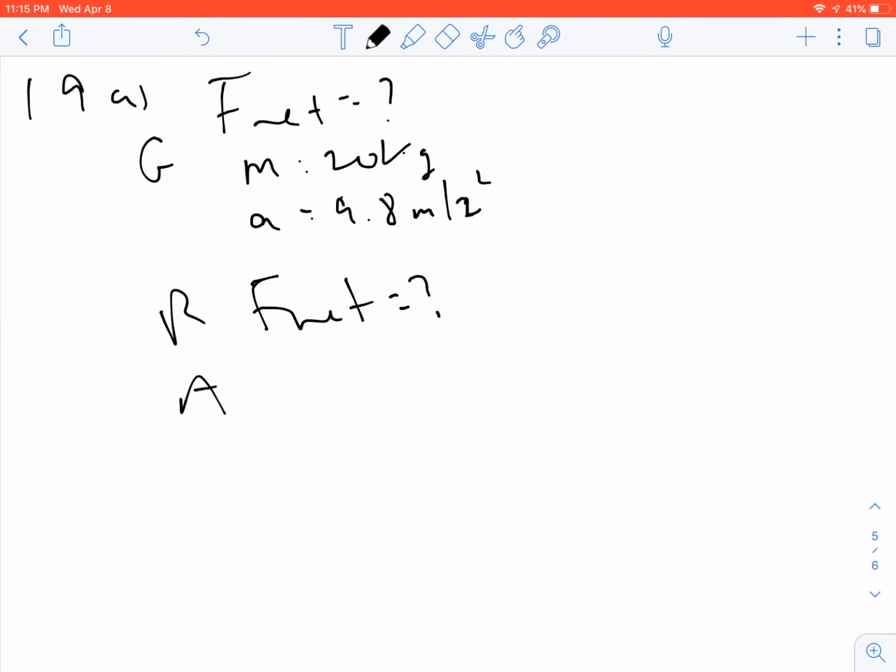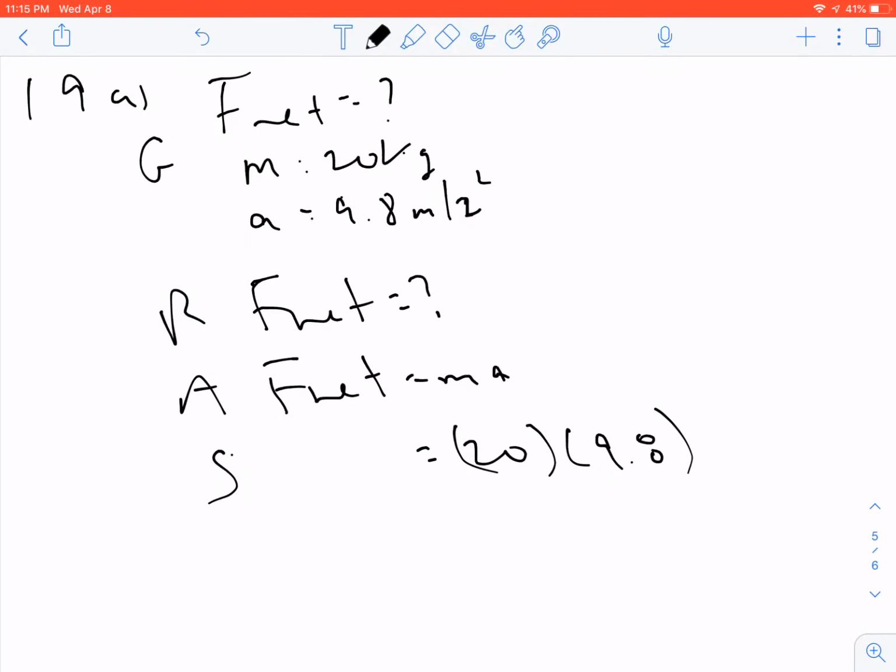My approach is going to be F net equals ma. Right. My substitution gives me an F net which is equal to 20 kilograms times 9.8 meters per second squared, which is 196 newtons.